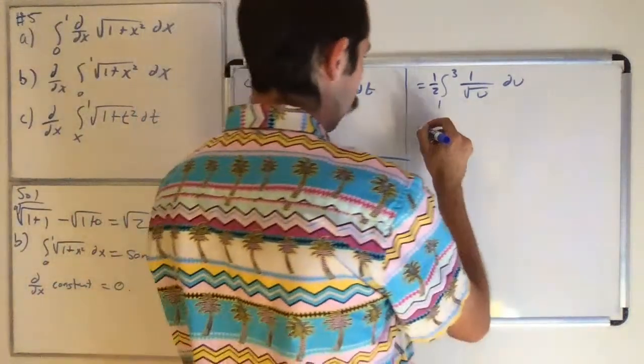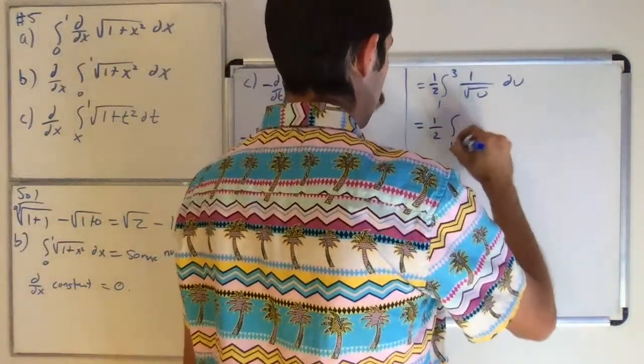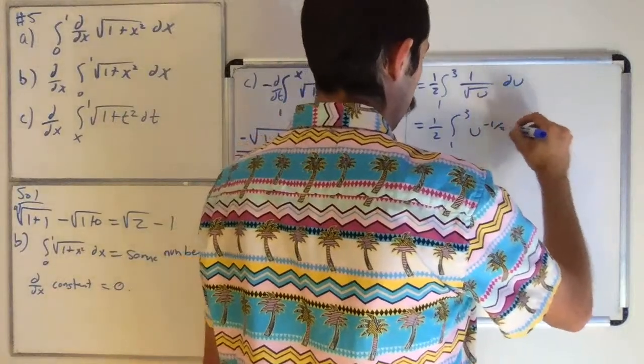Yeah, we'll make it u to the negative 1/2, and then this is straightforward.